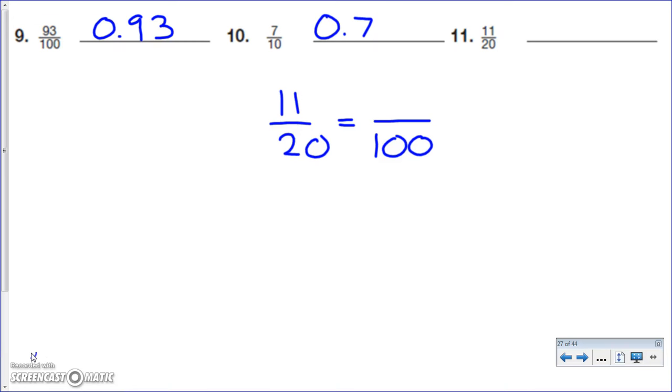So we need to do the same thing to the numerator. So 11/20 equals 55 hundredths in fraction form, which makes it very easy to convert directly to decimal form.